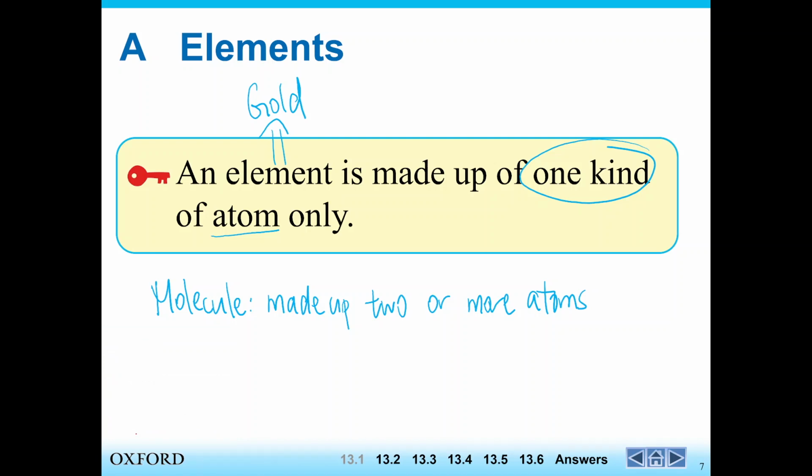For the oxygen element, you'll only have oxygen atoms. So a molecule is made up of two or more atoms of the same kind. And an atom, you can say it's the simplest, the smallest unit that you can find there.